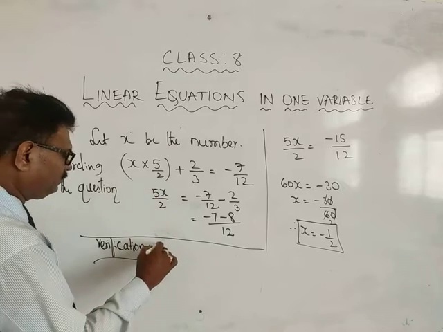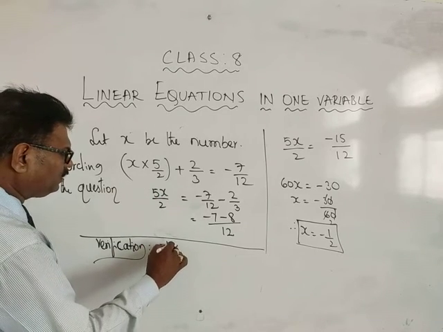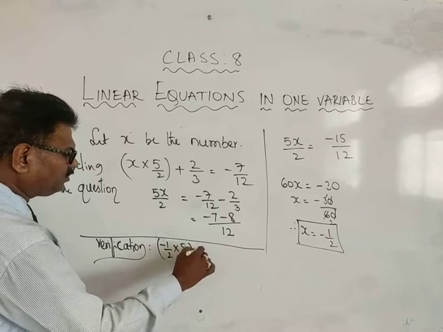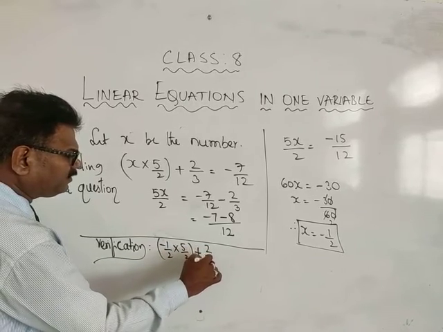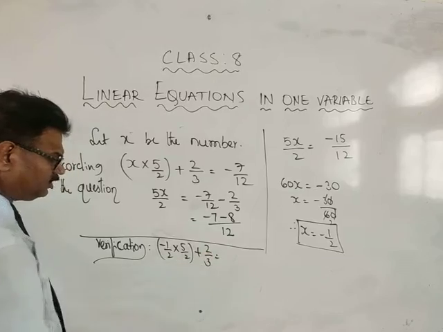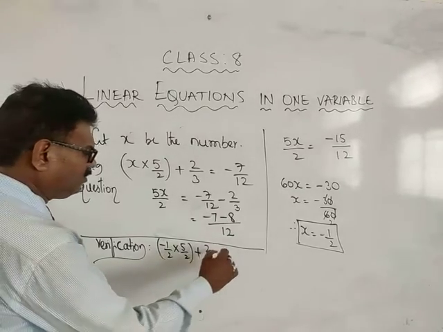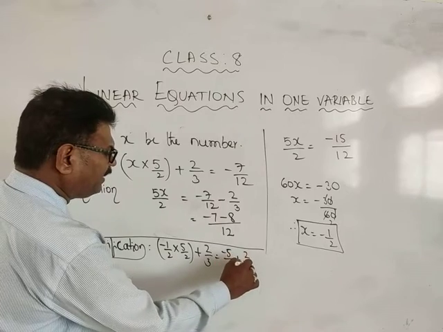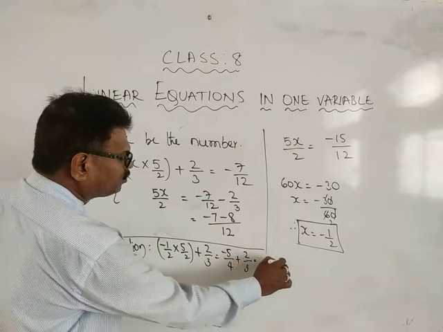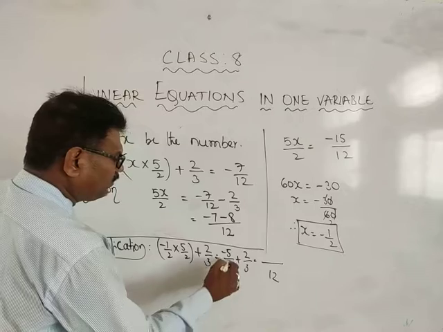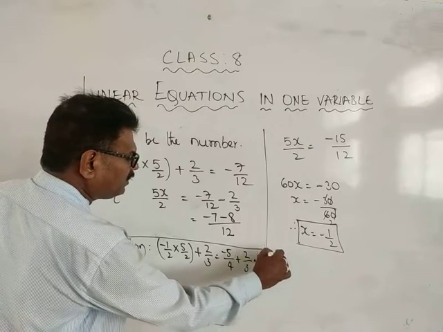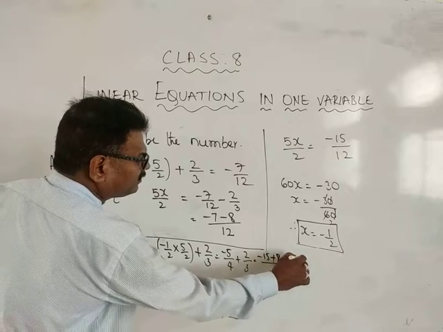Minus 1 by 2 into 5 by 2 plus 2 by 3 equals minus 5 by 4 plus 2 by 3. 12 is the LCM: minus 15 plus 8, it is nothing but minus 7 by 12.